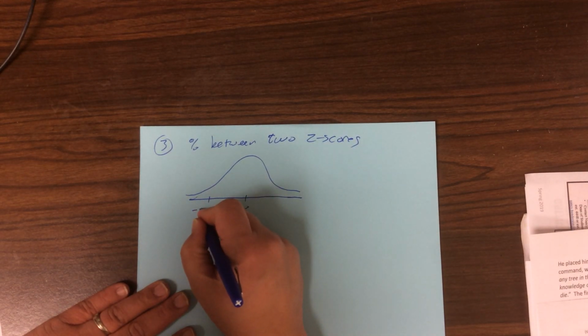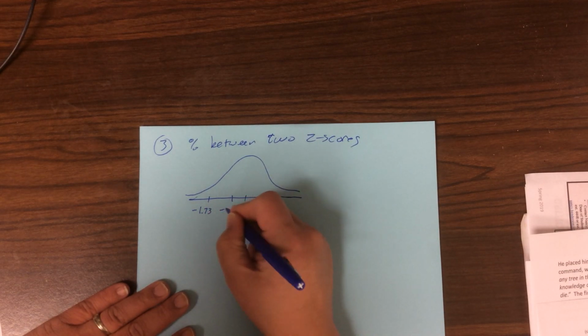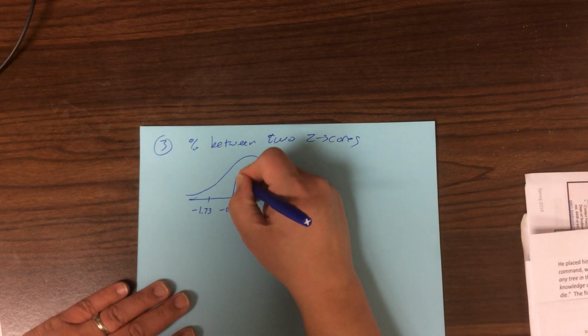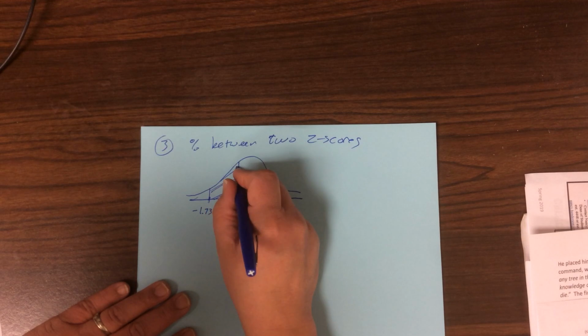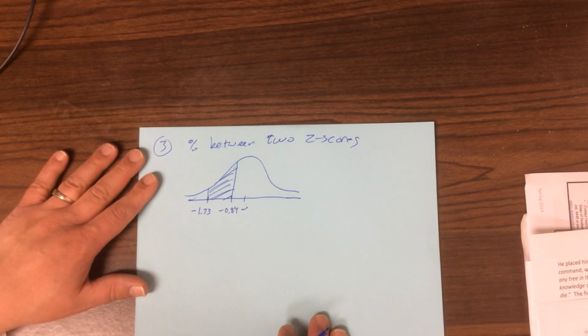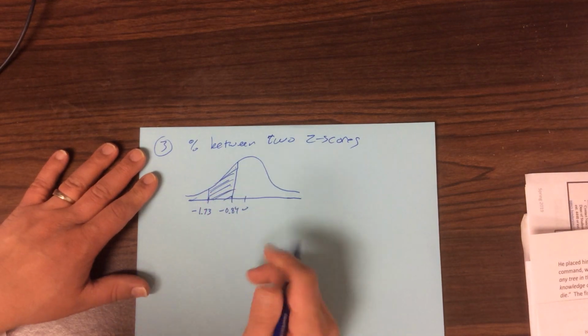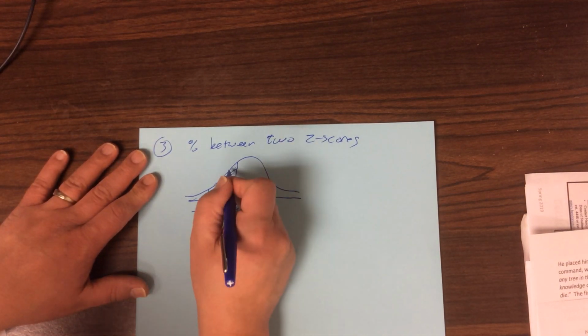Let's say this is like negative 1.73, and we'll say this is like negative 0.84. And I want to find the area between these two. So you're going to shade the area between those two. That'll be the decimal form of the percent of the distribution that lies between there.